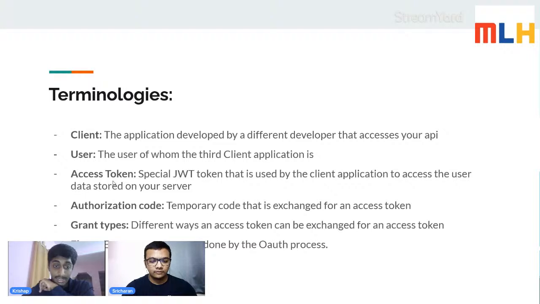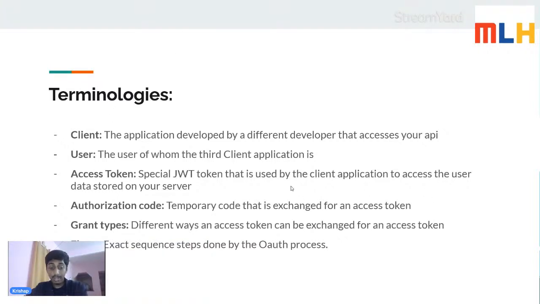Access token is a special JWT token that's used by a client application. It's stored in the client application backend to access the user's data stored on your own server. Then authorization code. It's a temporary code that's exchanged for an access token in the authorization server.